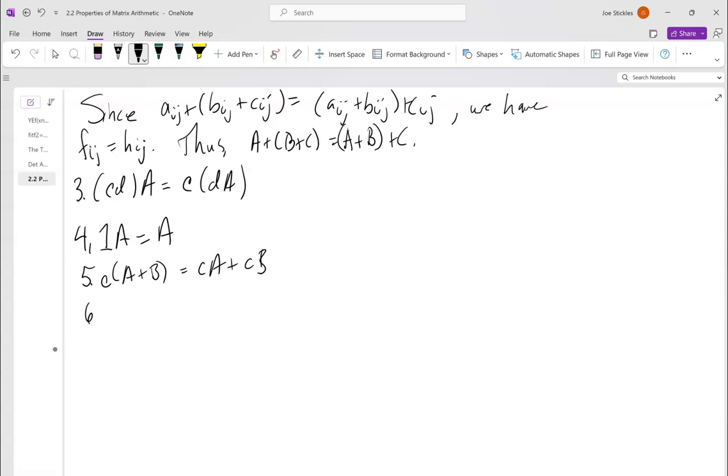One says that scalar multiplication distributes over matrix sums. The other says scalar multiplication distributes over number sums, or scalar sums.